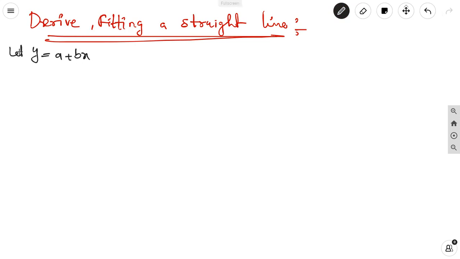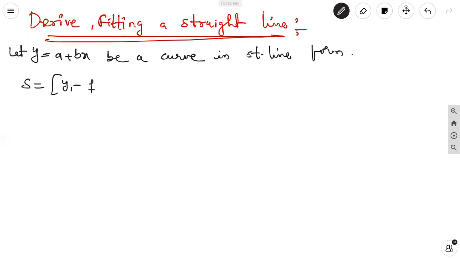This is the curve in straight line form. Then S becomes y1 minus f of x1. What is f of x1? y equal to f of x is equal to a plus bx.